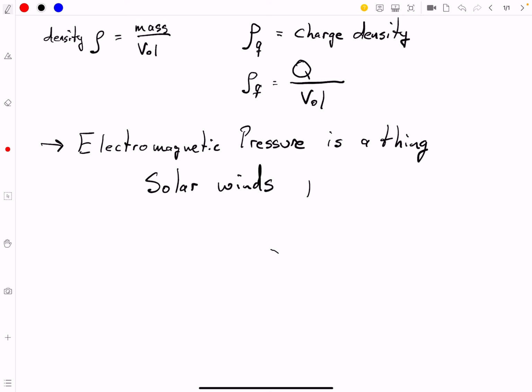pushing, so they push outward from the sun. There's more to electromagnetic pressure, but a lot of people call it radiative pressure.